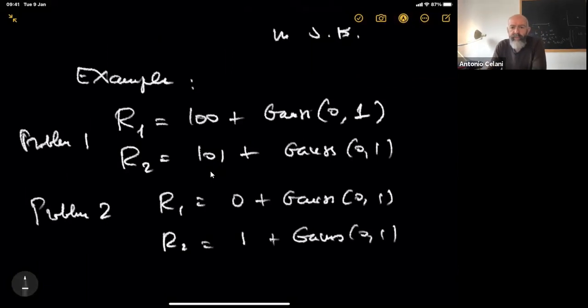So are these two problems different from the viewpoint of decision making? No. It's just that there is an offset in the definition of the rewards. But the difference between what you get from action 1 and action 2 is exactly the same. So the optimal policy is the same. It's just an overall offsetting of rewards.